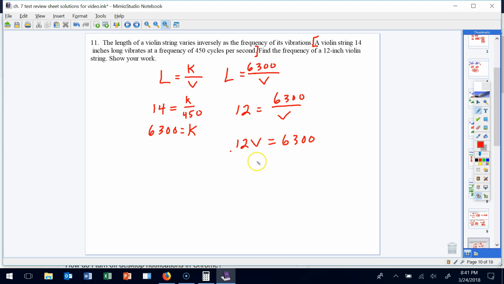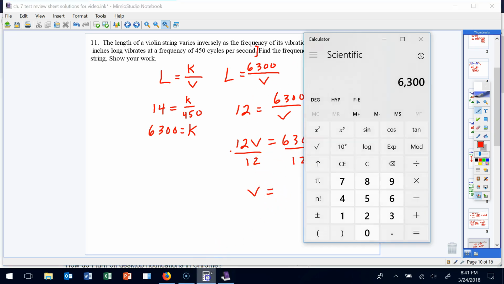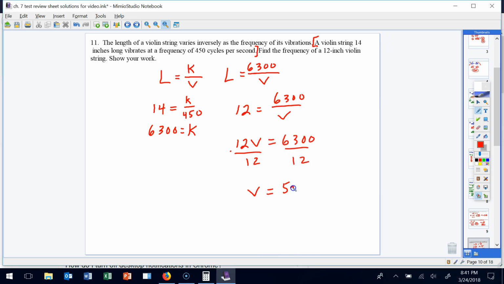Now we need to divide by 12 on both sides, and we'll have our answer. Vibration frequency will be 6,300 divided by 12. That's 525, and the units they're using are cycles per second.